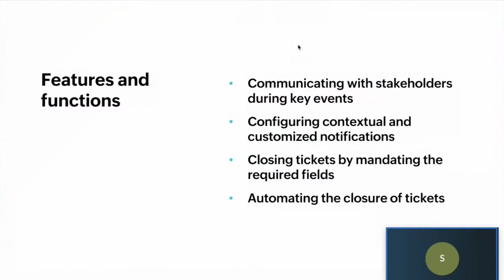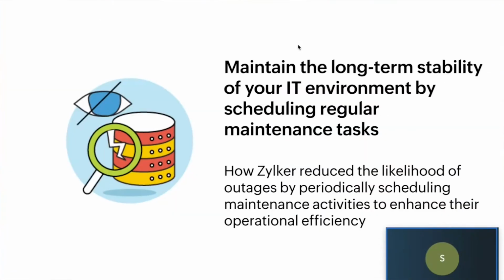So let me quickly move on to the next automation that's available, which is how do we maintain the long-term stability through proactive maintenance? Remember, Zilker really could not concentrate on this particular frontier because they were very busy firefighting their normal ticket workload, right?